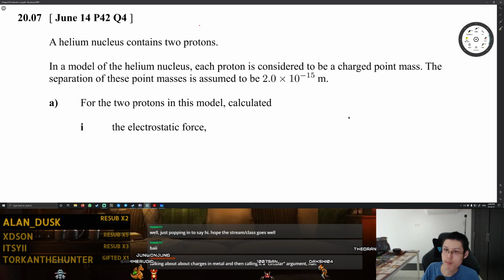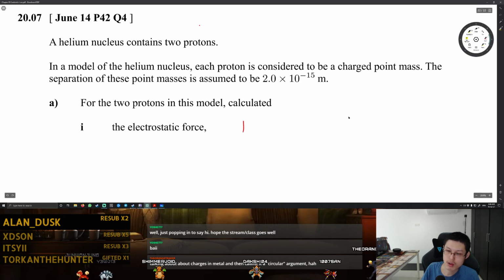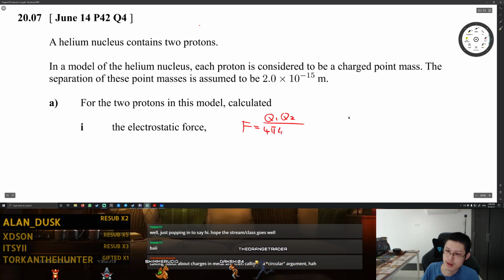Okay, so the force between 2 charges, you just use Coulomb's law here. F equals QQ over 4 pi epsilon r squared.